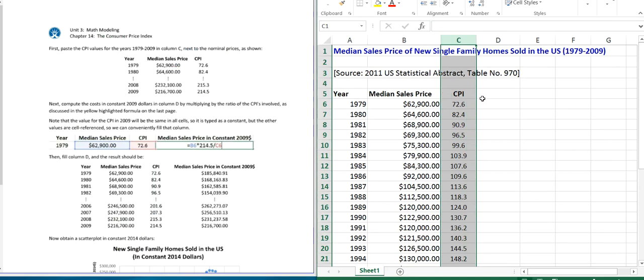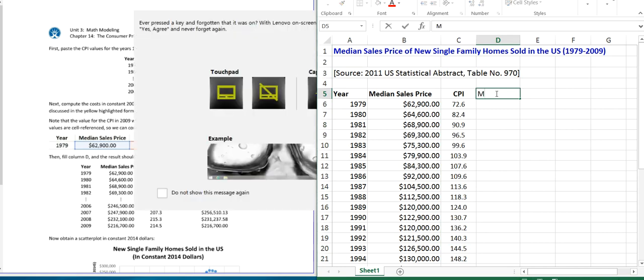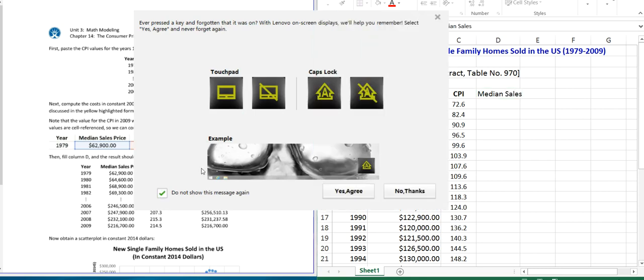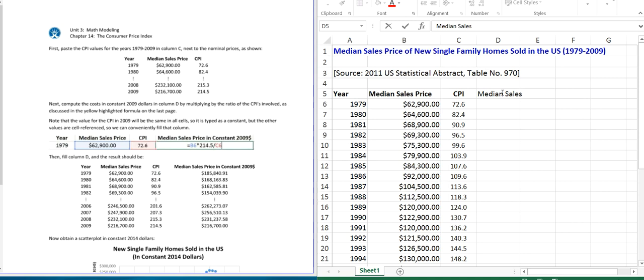All right, with that in place, this is now going to allow us to make a conversion. What we're going to have in this last column is the median sales price, but we're going to convert this into the most current year we're looking at, which is 2009.